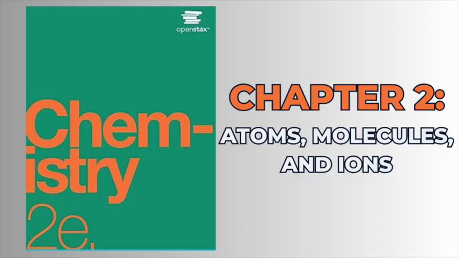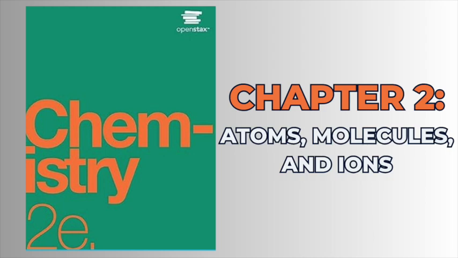For example, the element boron is composed of 2 isotopes. About 19.9% of all boron atoms are 10B with a mass of 10.0129 atomic mass units, and the remaining 80.1% are 11B with a mass of 11.0093 atomic mass units.